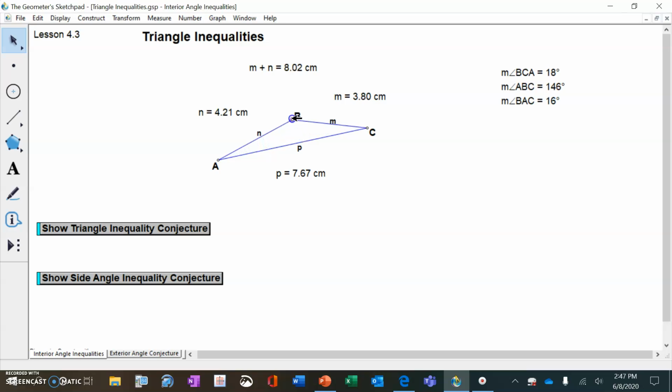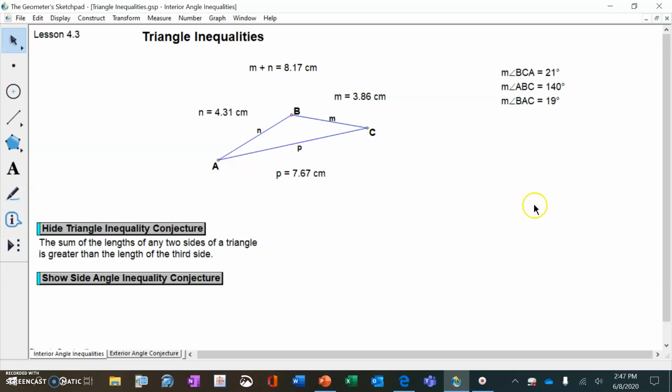If I want to make a triangle out of them so that the cars would have to go up and then down, which would not be great, but if I had to create that triangle shape, those two lengths, M and N, added together have to be greater than the length of the third side. So this is the conjecture that goes with that, conjecture number 21: the sum of the lengths of any two sides of a triangle is greater than the length of the third side. And at the end, I'll show these to you again.